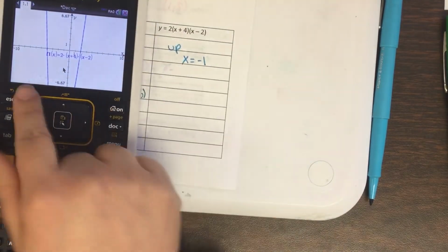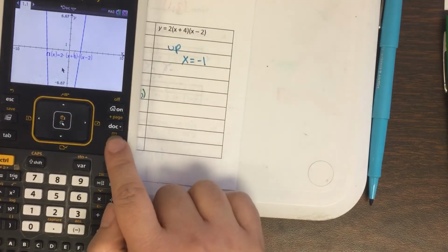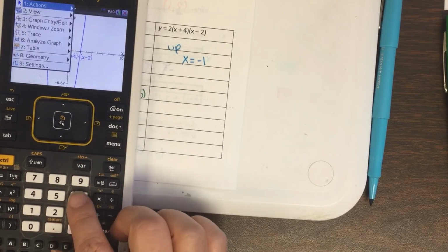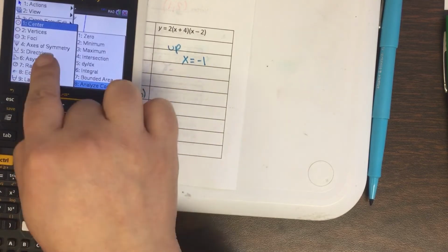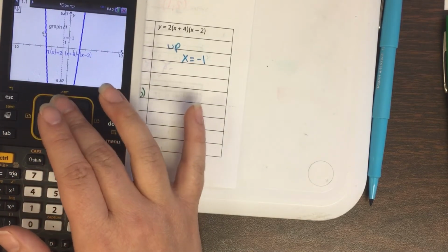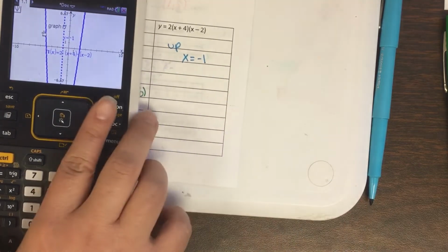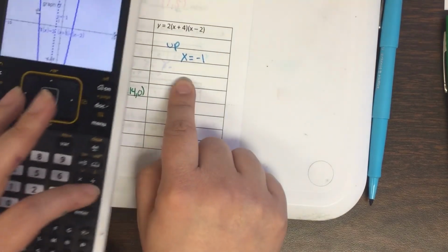Okay. I can't really see it, but I can definitely get my axis of symmetry. I have options, you can trace. You can do menu, analyze, and then go to 4 for my axis of symmetry. I'm going to click on my graph. I see it's -1. Once again, you can also trace to the vertex, which I actually do need the vertex.